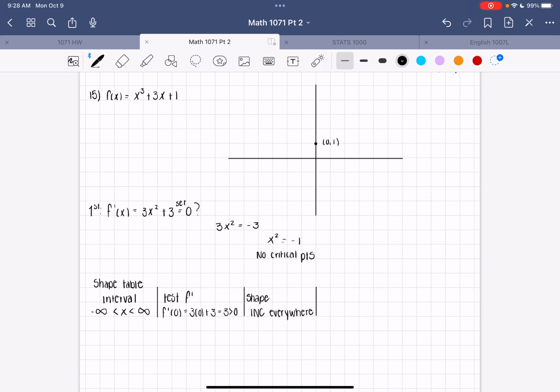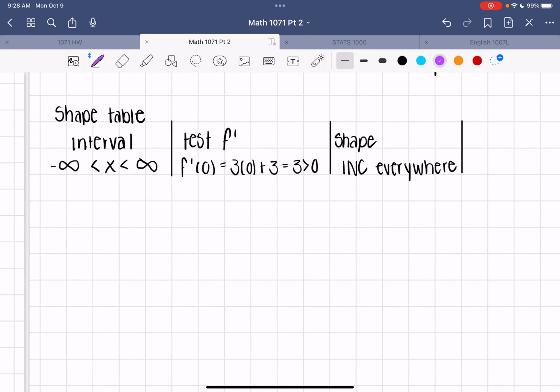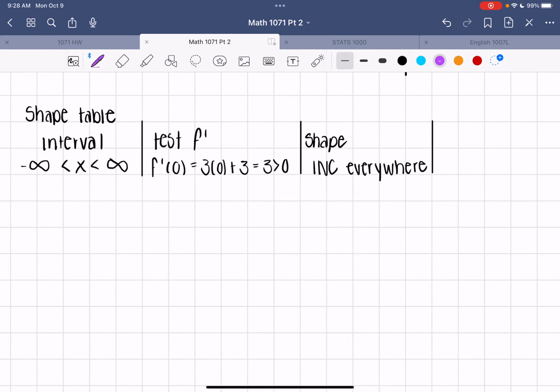You were not asked to do this in this problem. But this is a good problem as to why we have to have the second derivative. If now we take the second derivative, here's the original f, here's the first derivative, we take the derivative of the derivative and we get 6x.